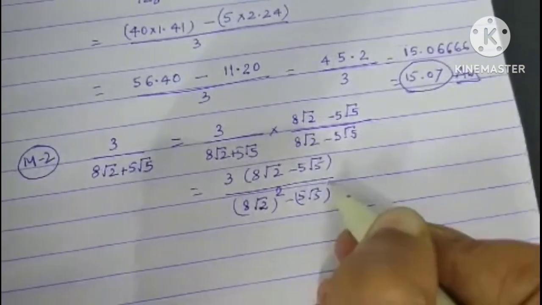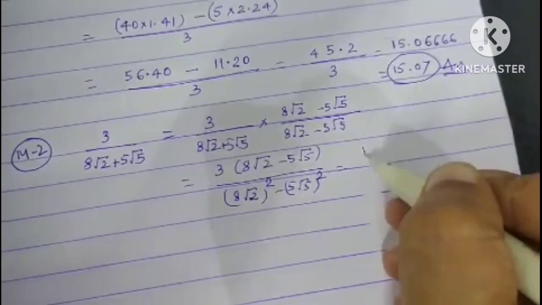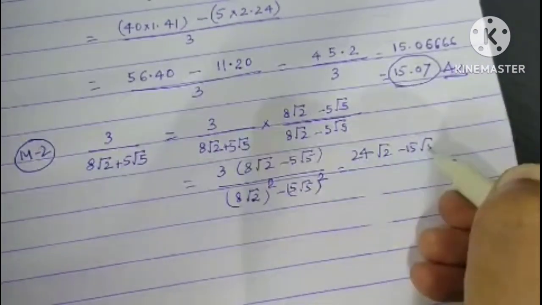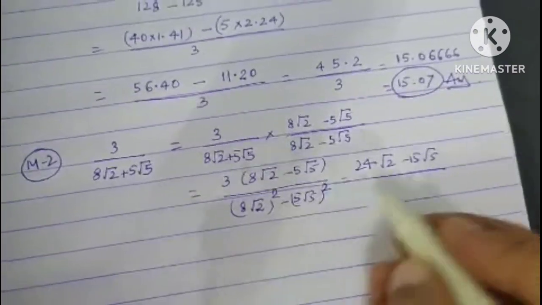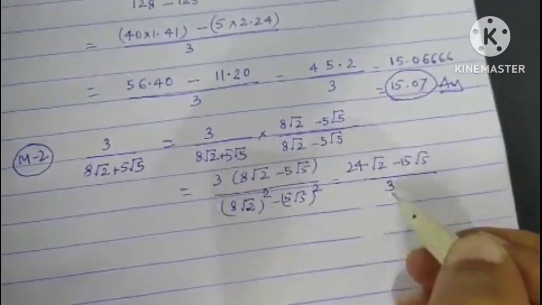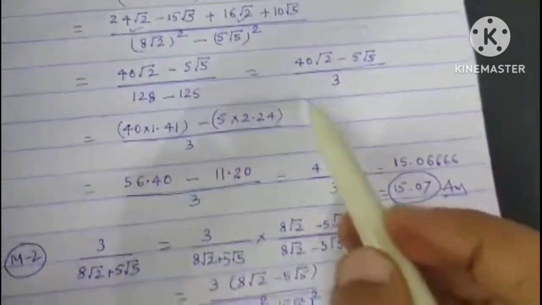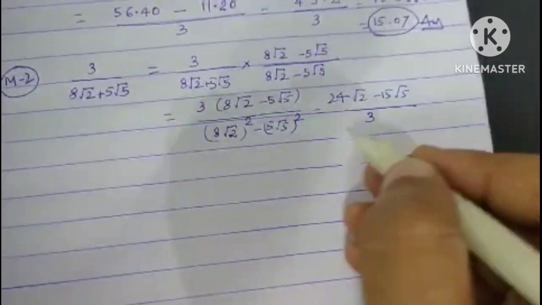Okay, so 3 into 8 is 24 root 2 minus 15 root 5, and divided by, this will come out 3, we have done it here: 128 minus 25, 3.